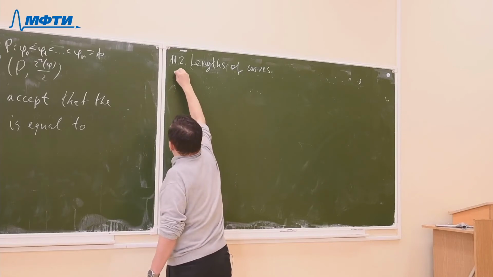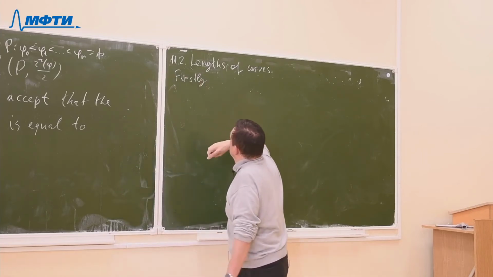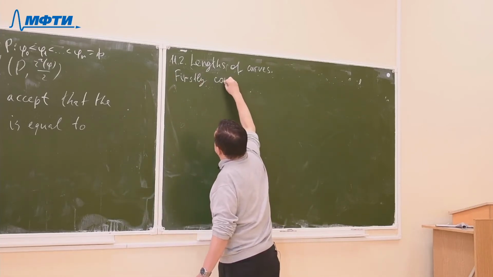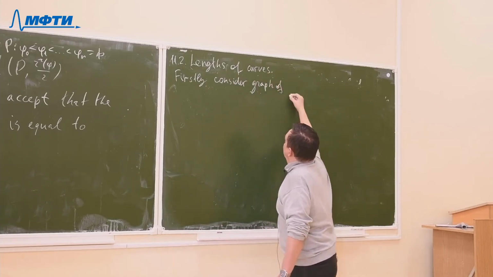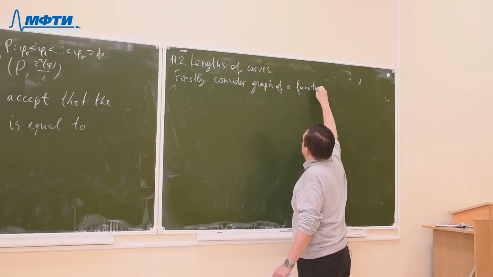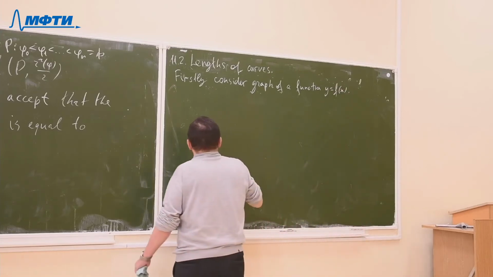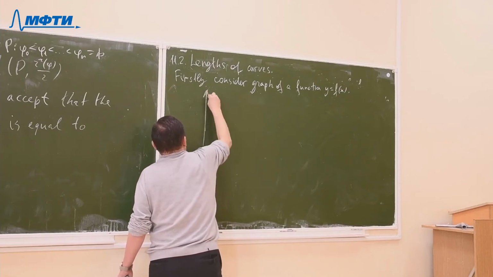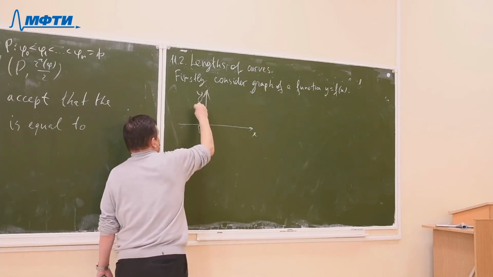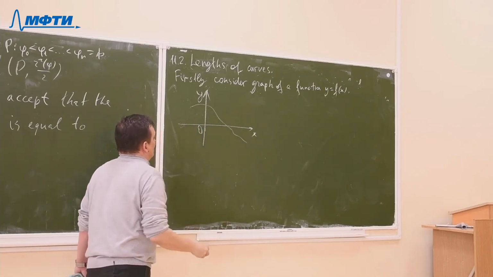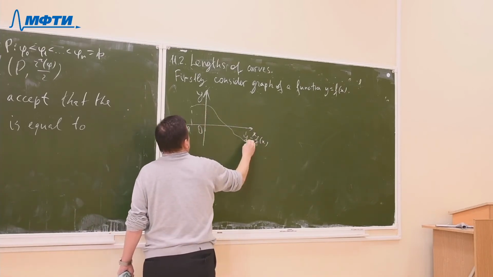So, firstly, consider the graph of a function y equals f of x. Now it doesn't matter if the function is positive or not. It's not important absolutely. Y equals f of x. Let it be A, that is B.